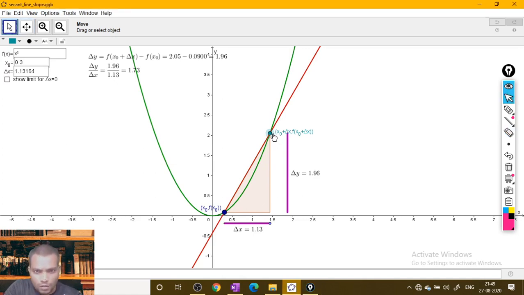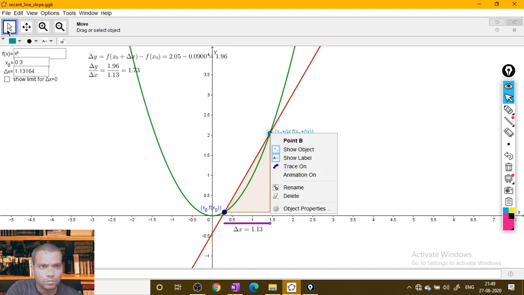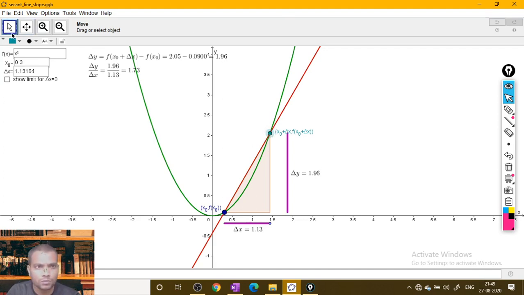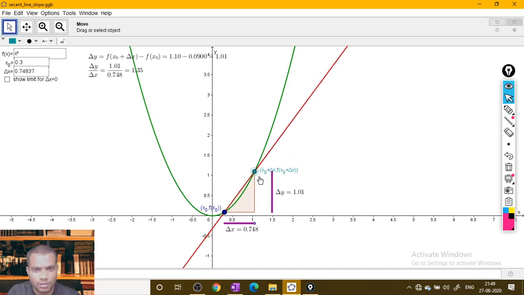Now suppose I bring this line a little closer than the earlier line. Now you can see the slope has changed.